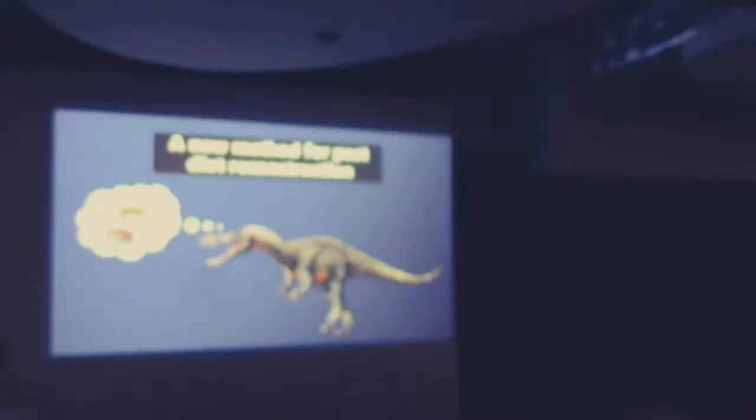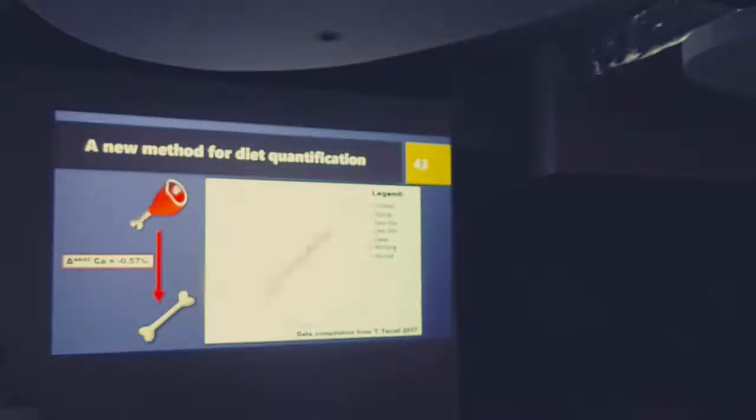That's why we also used calcium isotopes. Thanks to a property of calcium isotopes, in modern vertebrates we observe a constant offset between the food of a vertebrate and the isotopic composition of its bones, with a difference of minus 0.57 per mil.